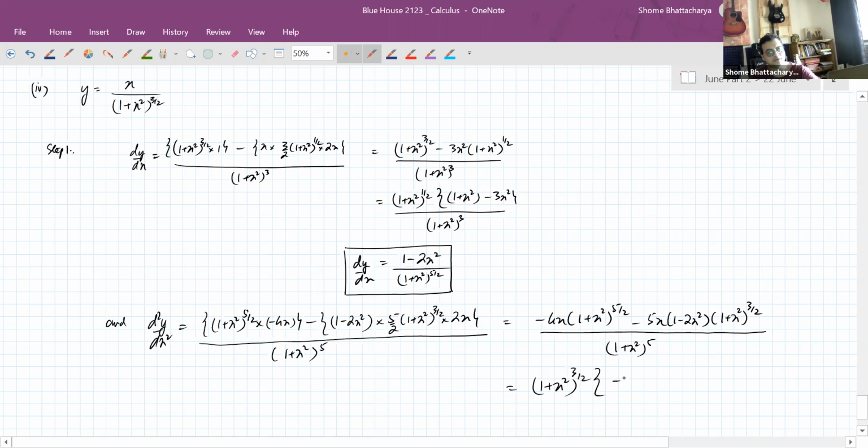So we'll be left with minus 4x into 1 plus x square minus 5x into 1 minus 2x square.